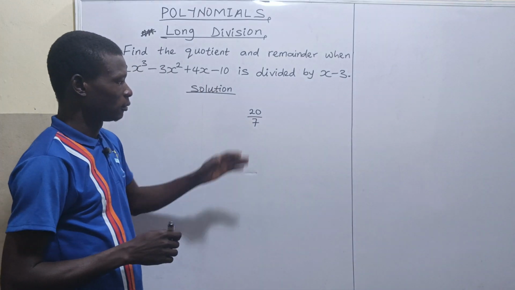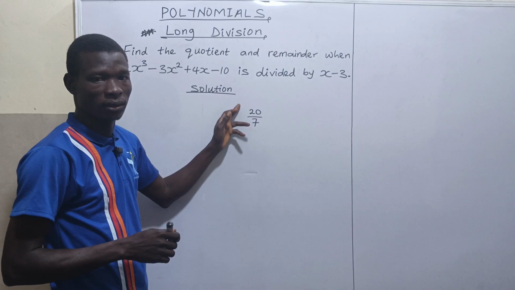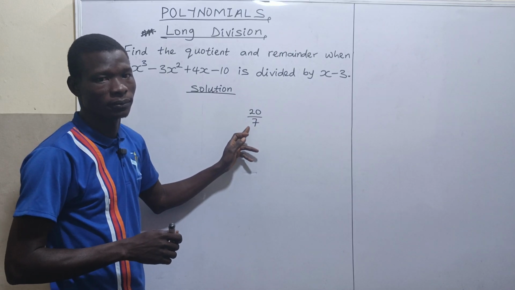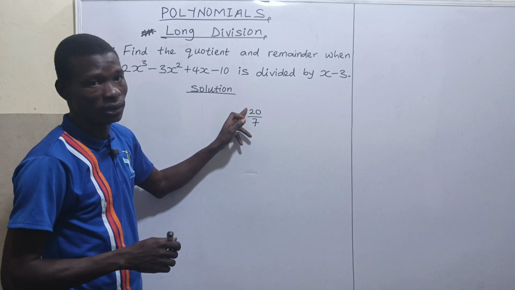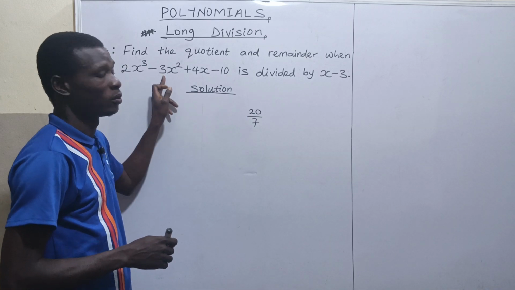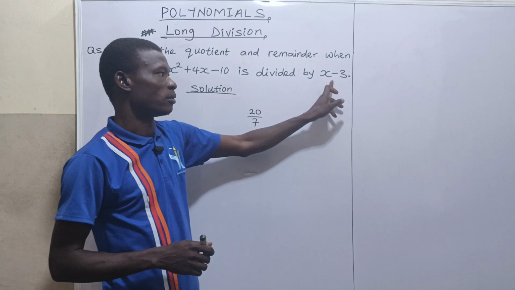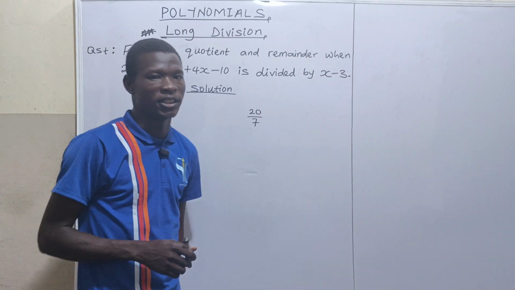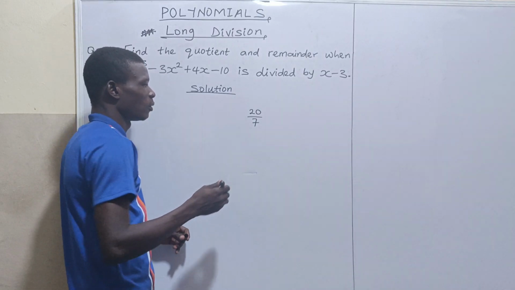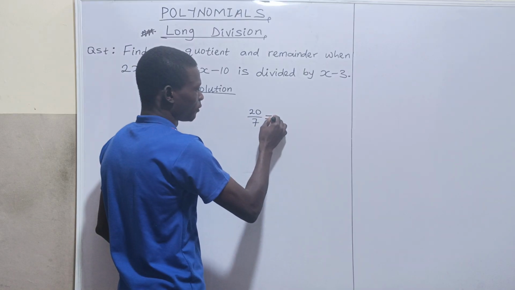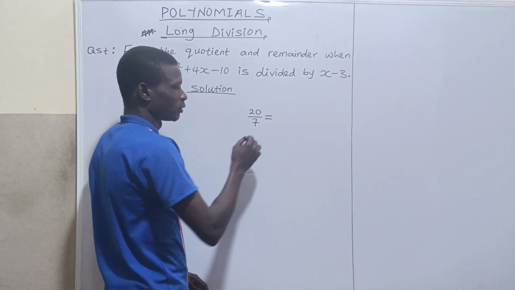Of course, you agree with me that 20 is greater than 7. So let's view this 20 as the polynomial with a higher degree and this 7 as the polynomial with a lower degree. So when we say 20 divided by 7, what solution is it going to give to us?